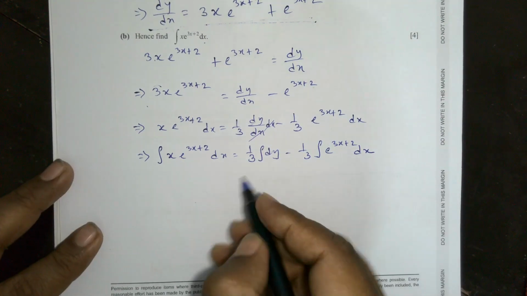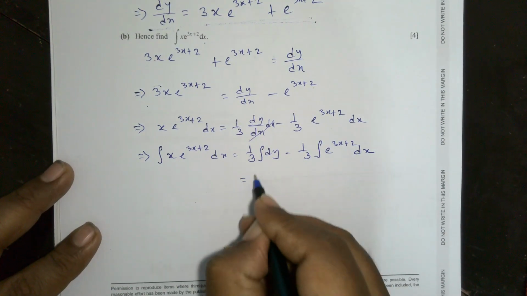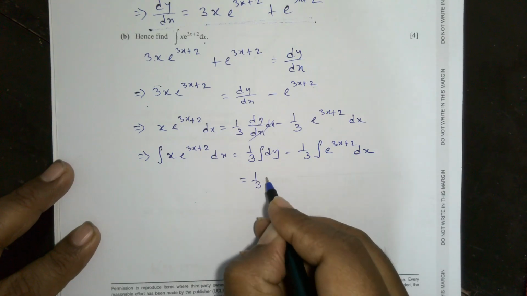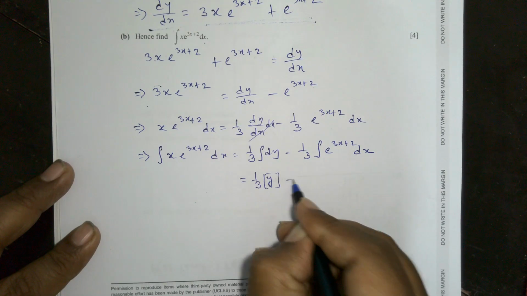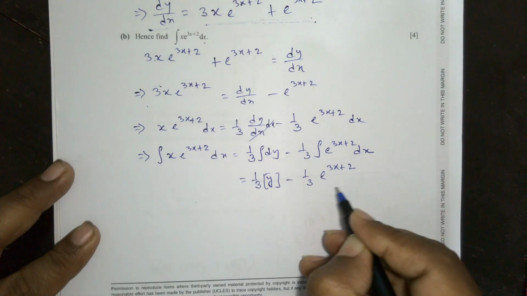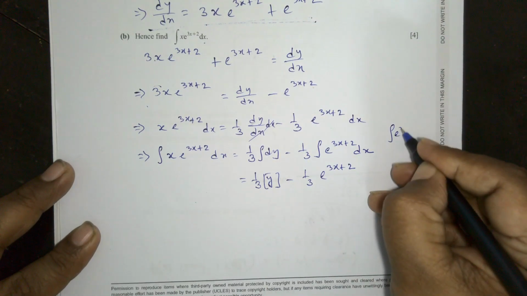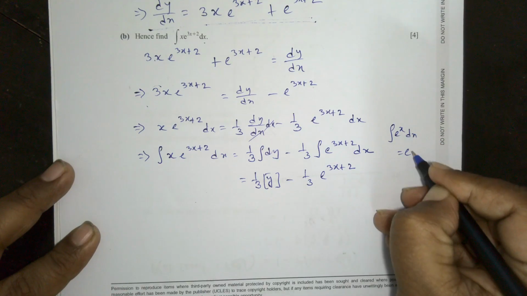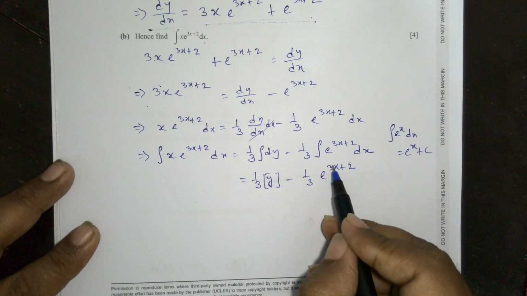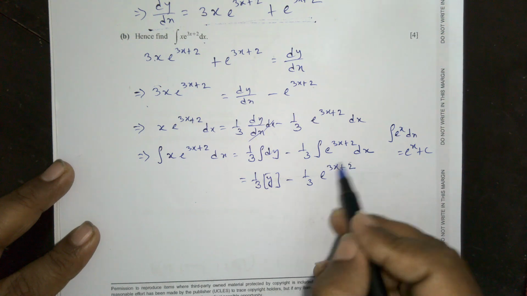The integration of dy is simply y. So the result is 1/3 of y minus 1/3 of e to the power 3x plus 2, because the integration of e to the power x dx is also e to the power x plus c. But here this is not only x, it's a function of x.